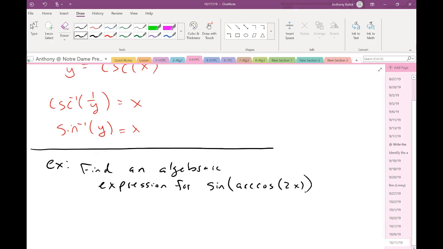So the next example, we're going to find the algebraic expression for the sine of arc cos of 2x. Where should I start on something like this? The inside or the outside? Inside first. So I'm going to begin by thinking about 2x as a ratio.